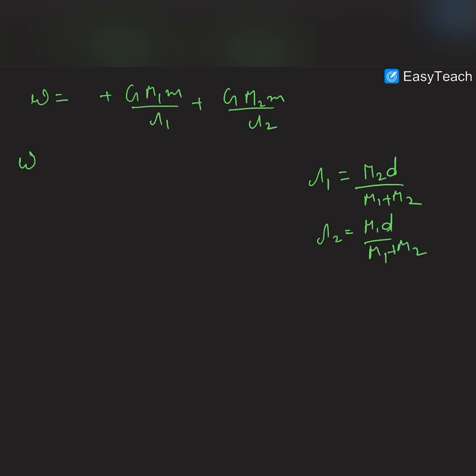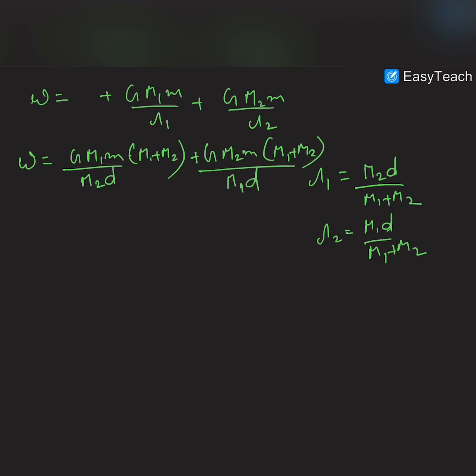So you can substitute these values here and you can see that it is G m1 m upon r1, which is m2 d upon m1 plus m2, plus G m2 m, with m1 plus m2 in the numerator and m1 d in the denominator. Okay, so the work done would be equal to G m into m1 plus m2, which is common, and by d is common, so it is m1 by m2 plus m2 by m1.